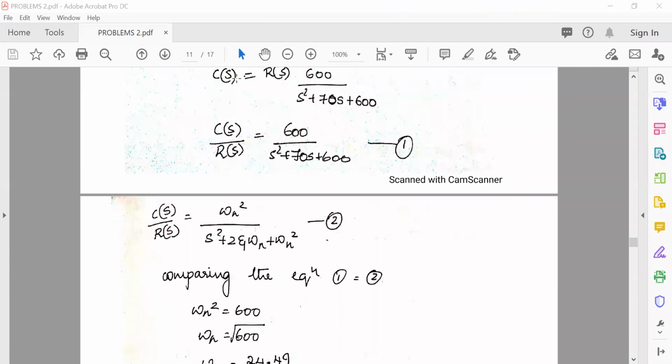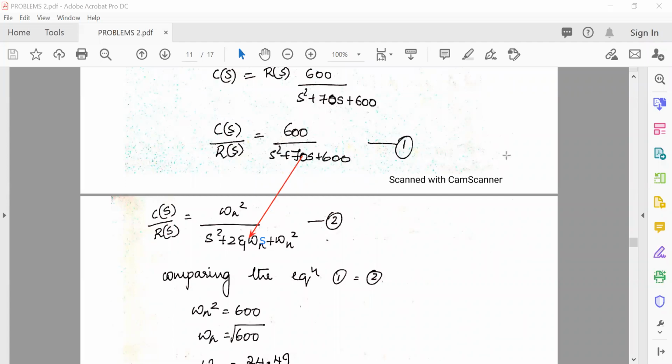Okay, I have forgotten to write one term here. There should be an S along with this term. I missed this S. It is 2 zeta omega n into S. So now comparing these two, this 70 will be equal to this term.